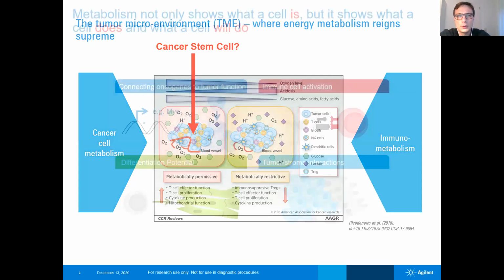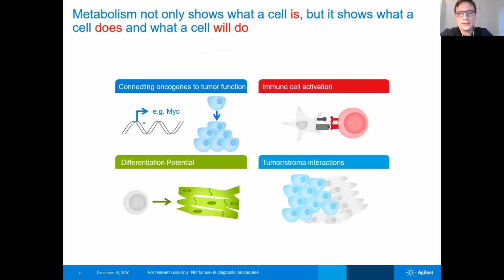So in the context of cancer, you could really say that metabolism not only shows what a cell is, but also what it does and what pathways it is going to use. This can be influenced by a lot of things like genetic background and nutrient availability, but there seem to be some very specific pathways going on there.